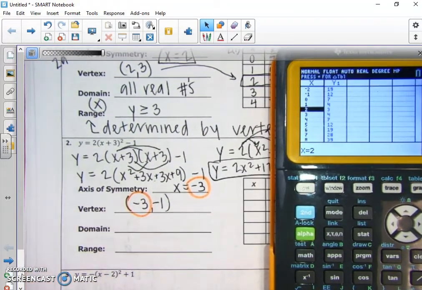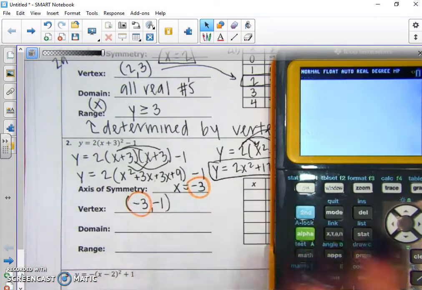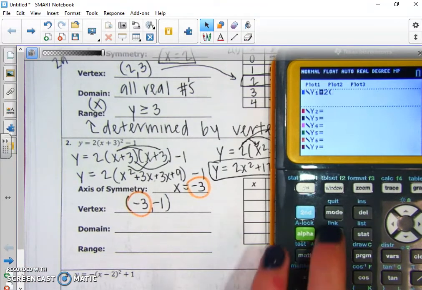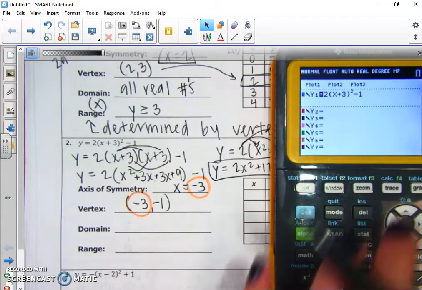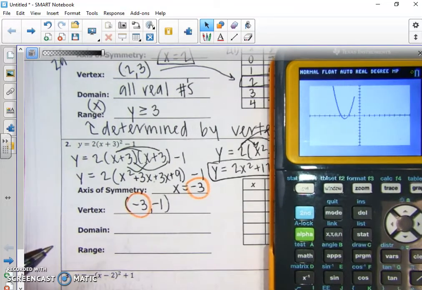And we can get our points from plugging either our original equation or the new one into y equals. I'm going to plug in the original one. So 2 parentheses x plus 3 squared minus 1. I'm going to take a look at my graph first just to get an idea of what it looks like. All right, let's check out our table.